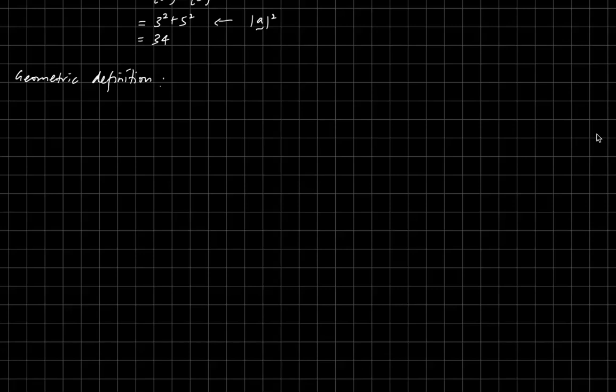So our geometric definition: if we have two vectors A and B where we know the angle between them, so let's say there's vector A, there's vector B, and there's an angle of theta between them, then the geometric definition of the scalar product A dot B is that it's the magnitude of A times the magnitude of B times the cosine of the angle between them. Put a little box around that one.